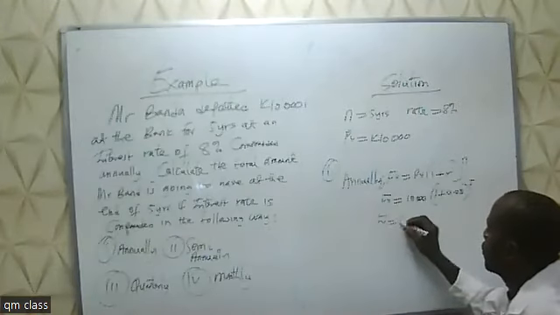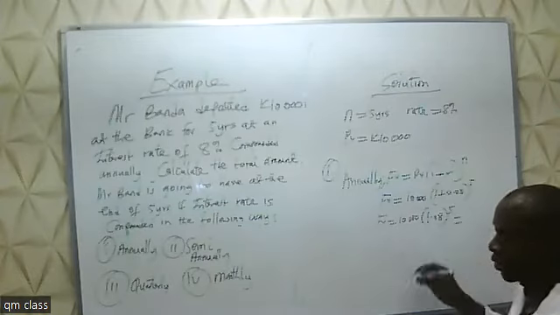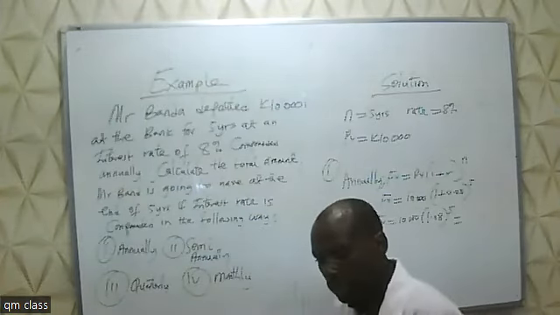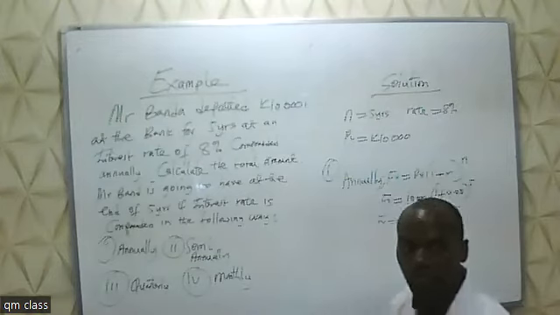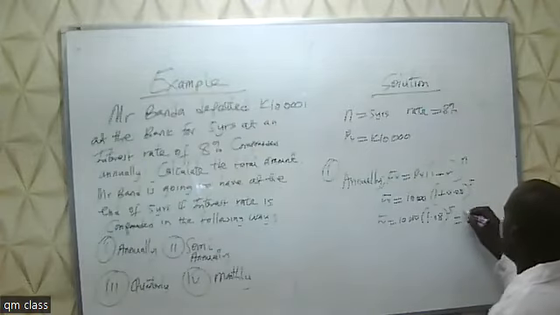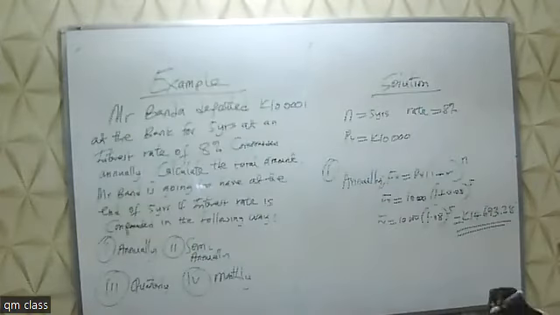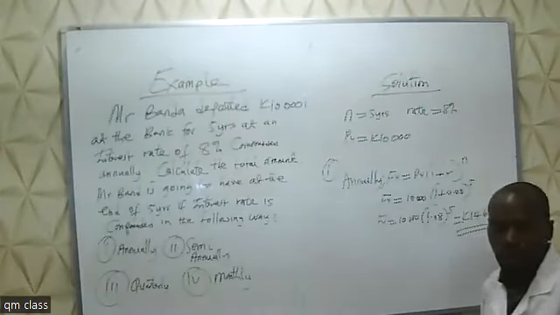So our future value is equal to 10,000 times 1.08 to the power 5. You can get a calculator and work out the answer. So 10,000 multiplied by 1.08 to the power 5 years gives 14,693.28.